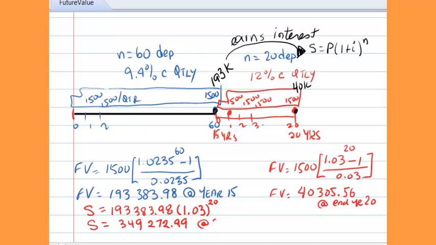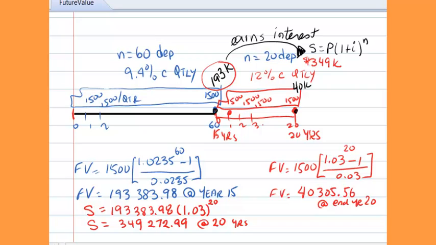So at year 20, this $193,000 will amount to $349,000. So I'm going to indicate that as 349K.